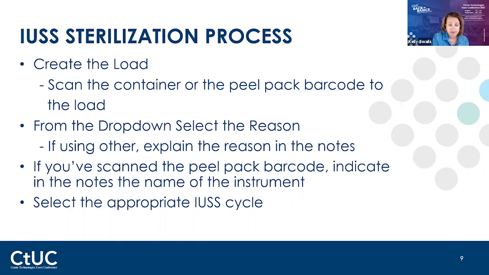And so for that IUSS process, I said, you're going to document that reason. And then along with that, let your load run and just document it as usual. The key thing here though, when you're documenting that, is that if you have a pre-vac 274 and 1, do not select that one. I would take that out.